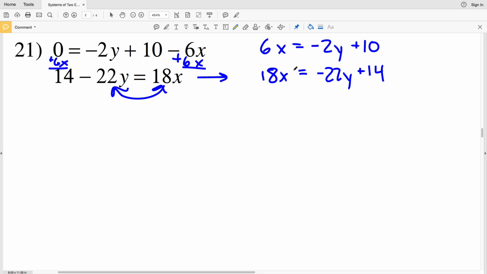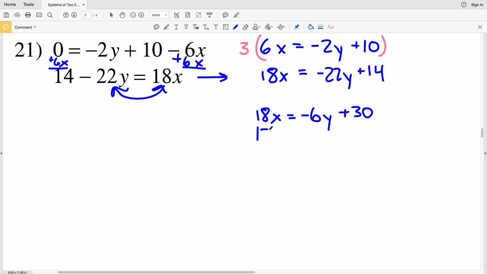I either want to cancel out my x's or my y's. Let's cancel out my x's, and I can do so if I were to multiply this top equation by 3. Multiplying everything in that top equation by 3, I would get 18x equal to negative 6y plus 30.